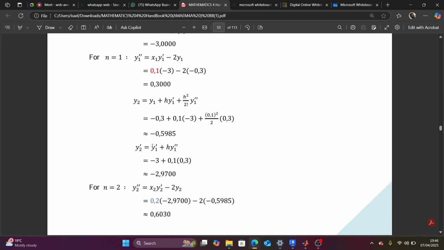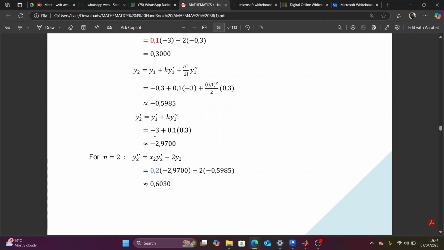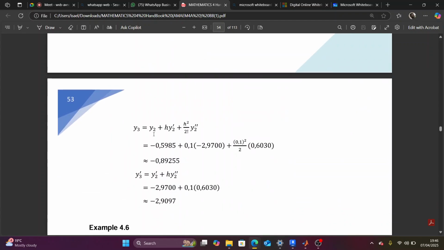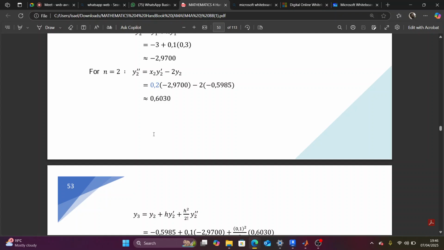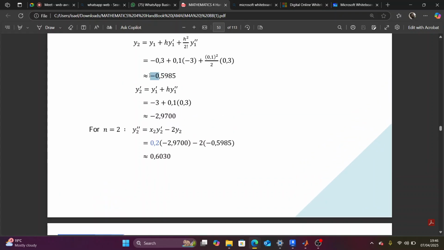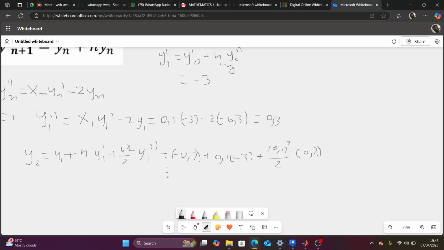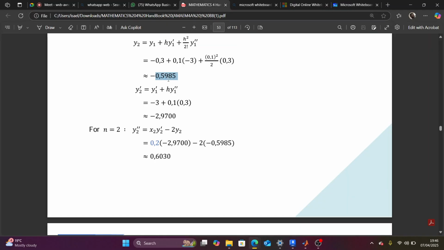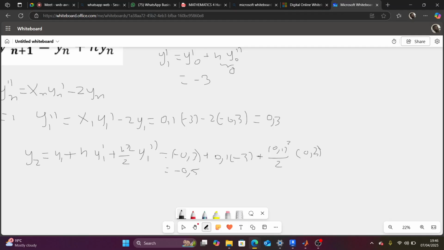Y2 is minus 0.5985, with 4 digits after the comma. So please keep that consistency.